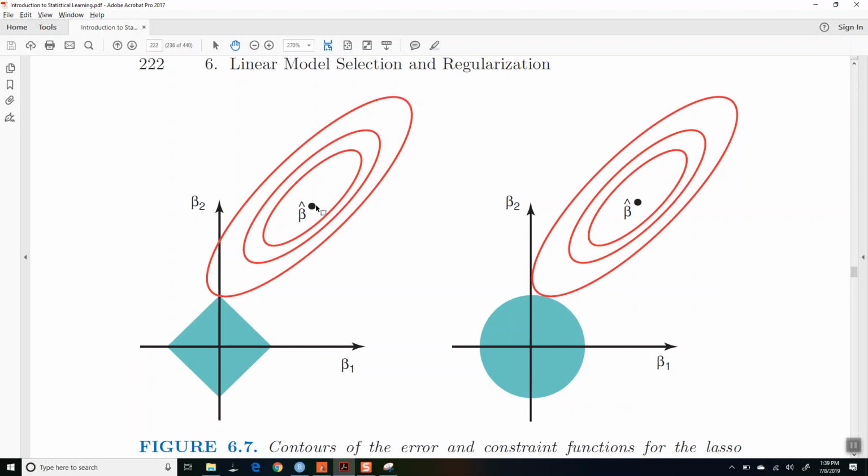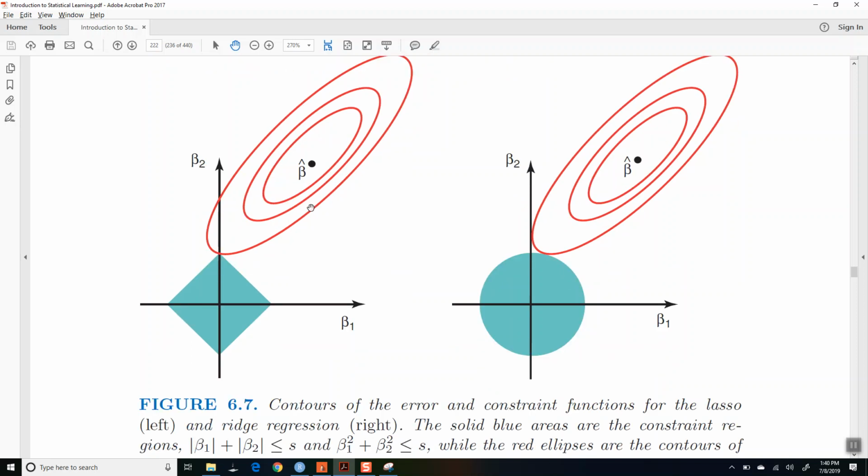We want something as close to the OLS solution as possible, but we impose some constraints. We say, I don't want betas to be really big, or I really like it when betas are 0, and this is what we end up getting.